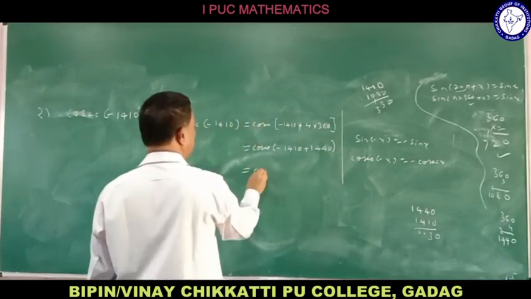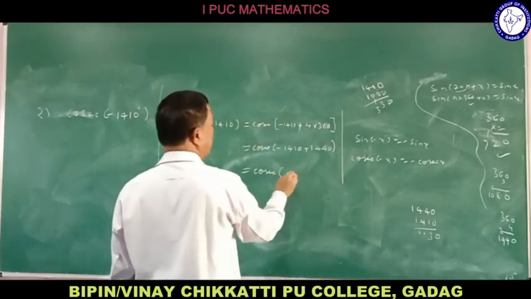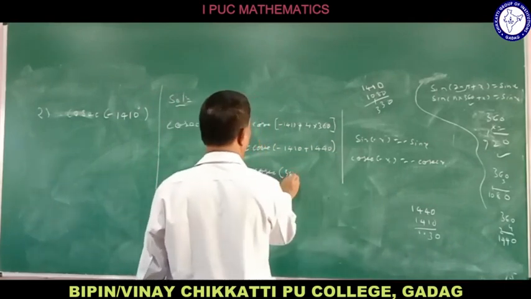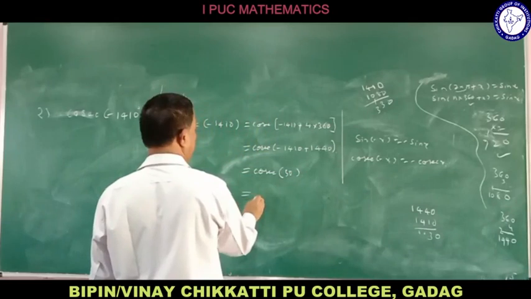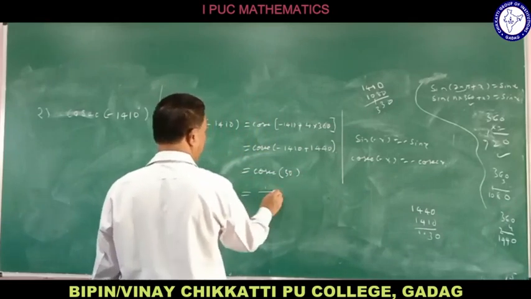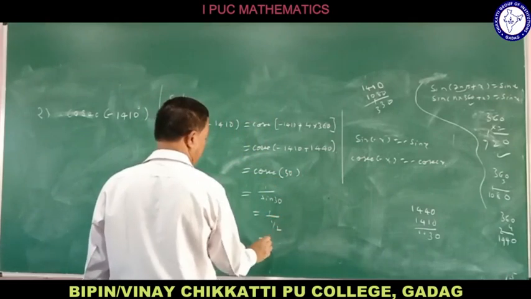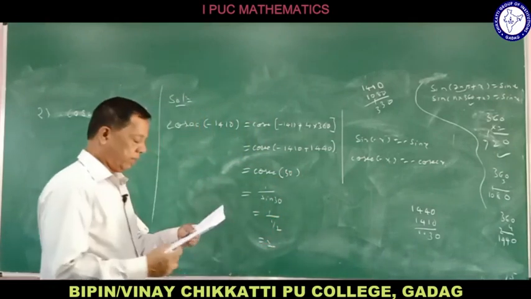So when you see this cosec, 1440 minus 1410 means 30. And what is cosec 30? Cosec 30 is 1 upon sine 30. Sine 30 is 1 upon 2. So the answer is 2 you have got.